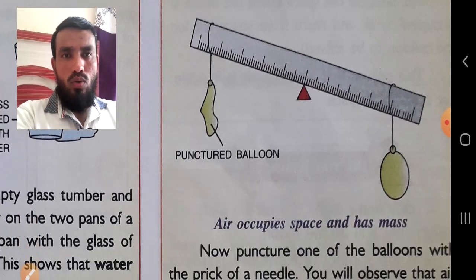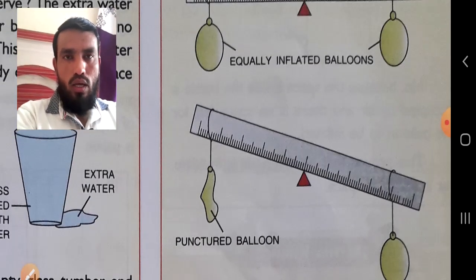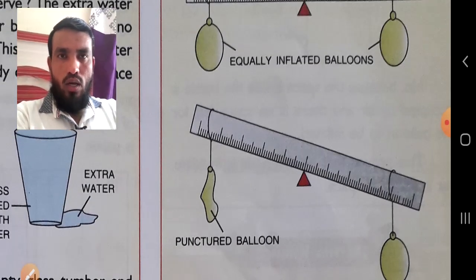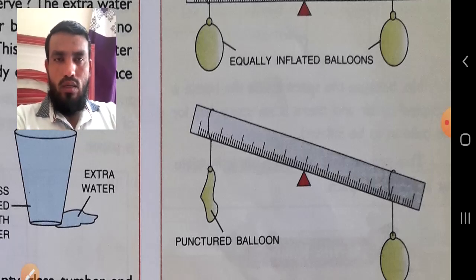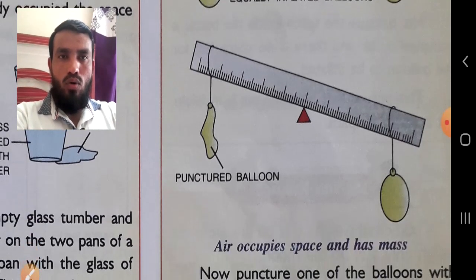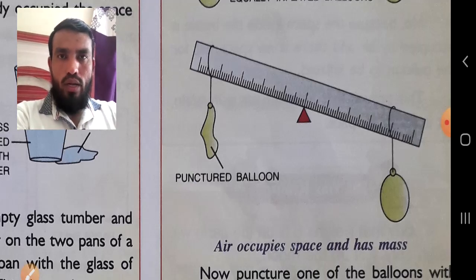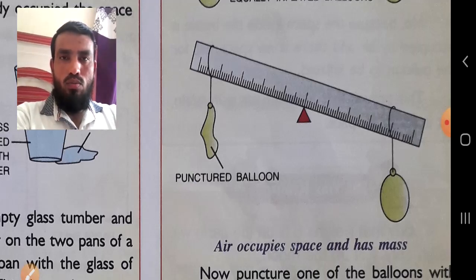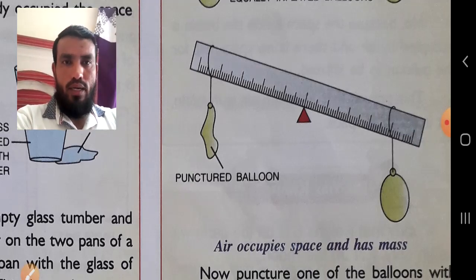Now what you will do is puncture one balloon. When you puncture one balloon, all the air will be removed from the balloon. So there is less weight, because the air has gone out of the balloon. What will happen is the second balloon, which now has more air, has more mass of that air, so it will tilt to one side.